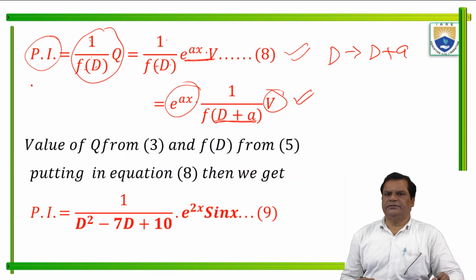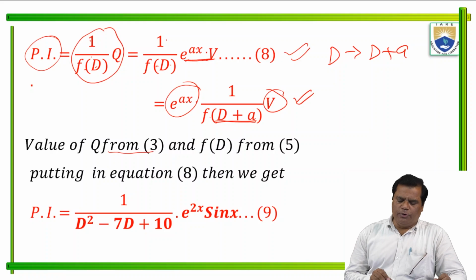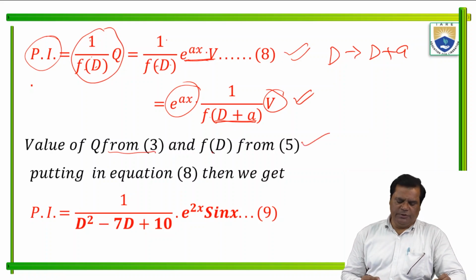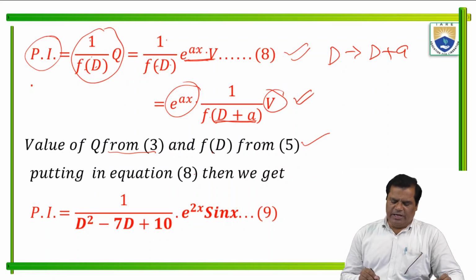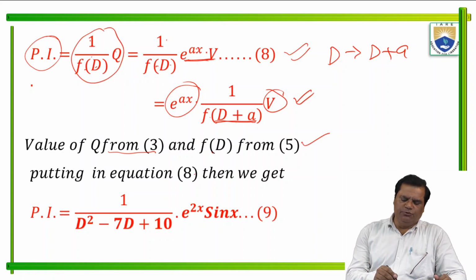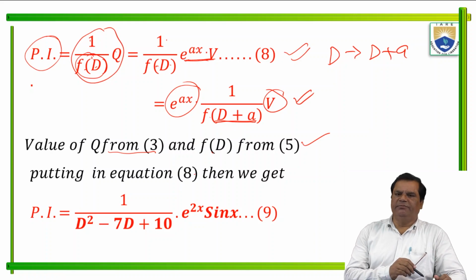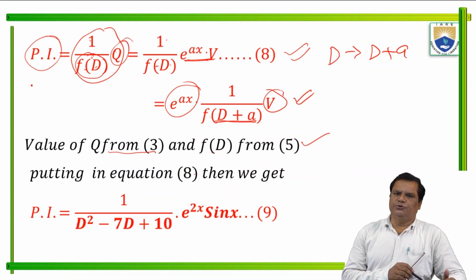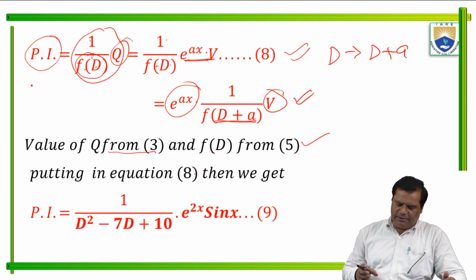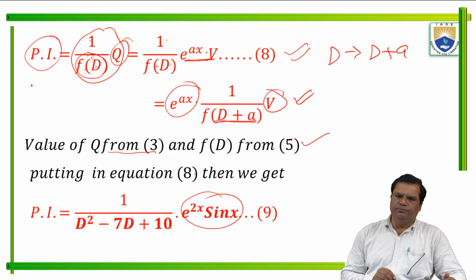Case number 6. Value of Q from 3 and f(D) from 5, putting in equation 8. First of all we put the value of f(D) and the value of Q in our question. So in our question, what is f(D)? f(D) is D square minus 7D plus 10 from equation 3, and this is Q, e to the power 2x into sin x.